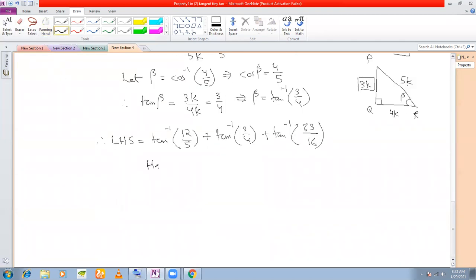Okay, so here we'll just check. Since we want to add up, say, these two first, tan inverse x plus tan inverse y, we'll check whether 1 minus xy is greater than 0. So here 1 minus 12 by 5 into 3 by 4 is equal to 1 minus 36 by 20.